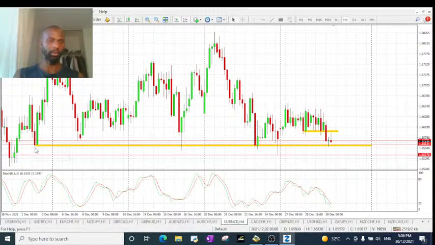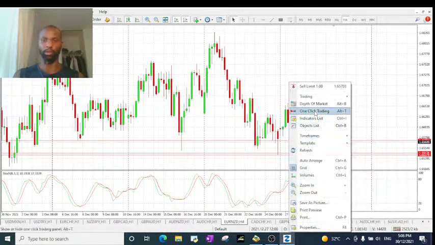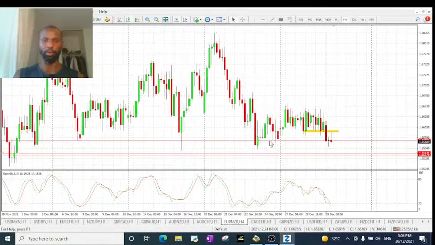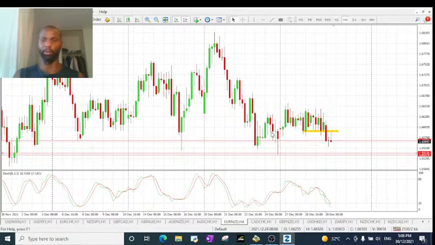Actually, this thing here, the zone we should be worried about is where we have this wick. Nothing more, nothing less. We shouldn't really be worrying about these levels here, because if you see this candle, that's the latest attempt to push down.